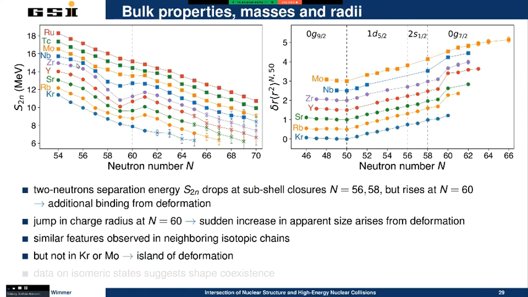But when you go out of this region and look at molybdenum, ruthenium, krypton, it's all very smooth, and there are no jumps in either the charge radius or the separation energies. The zirconium nuclei around neutron number 60 are really an island of deformation. And if you remember what I said before, there are certain isomeric states, two states in the same nucleus which have very different charge radius, so different deformation and shape coexistence.